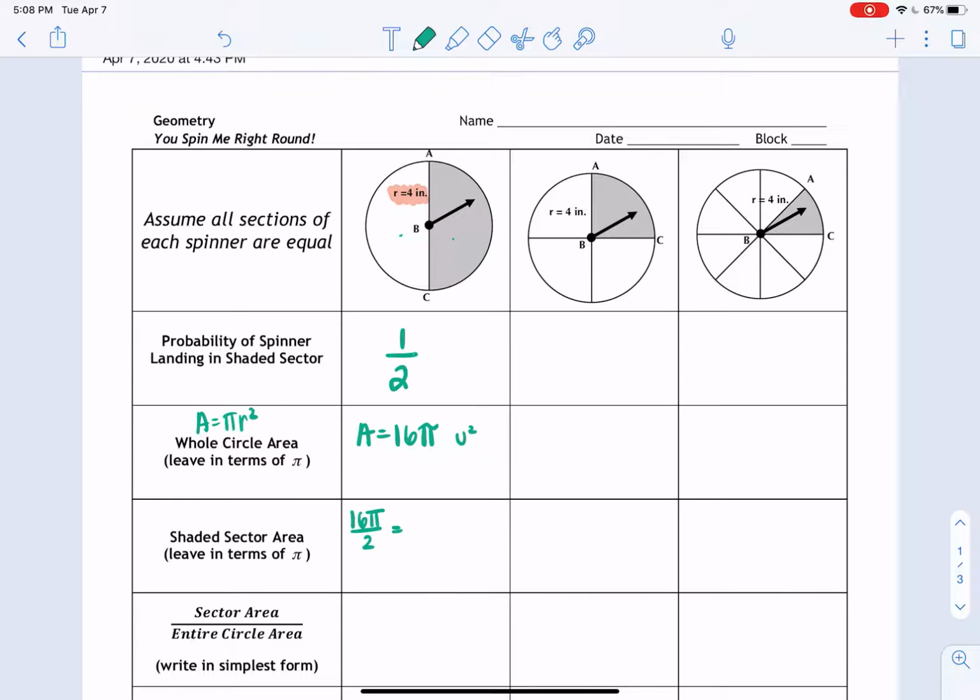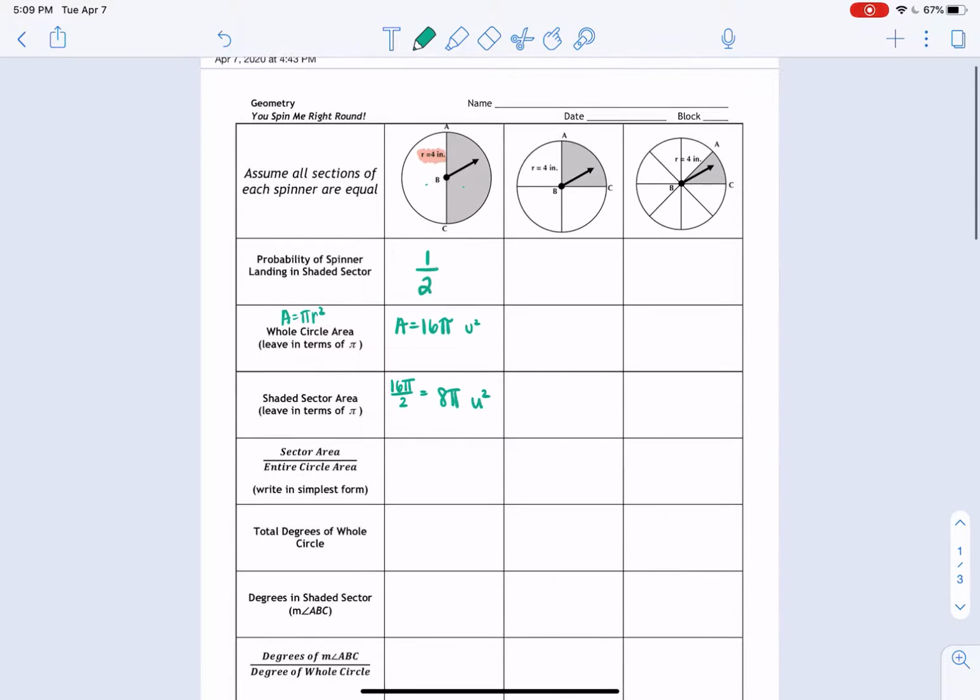So I'm going to divide by 2, and I'm going to get 8 pi units squared. Then I'm going to do the sector area. That was the 8 pi over 16 pi, our total area. And I'm going to get, well, 8 divided by 16, that's 1 over 2, and the pi's cancel out. The pi divided by pi is 1.